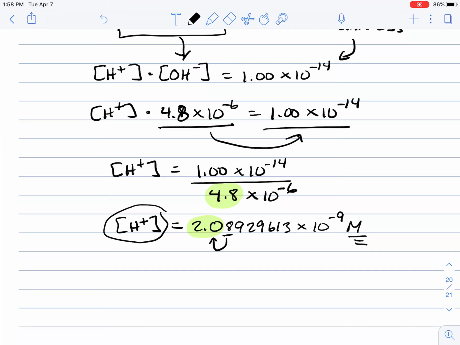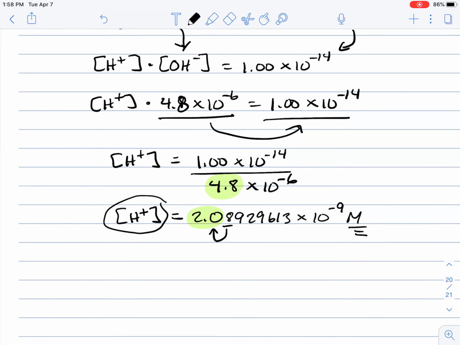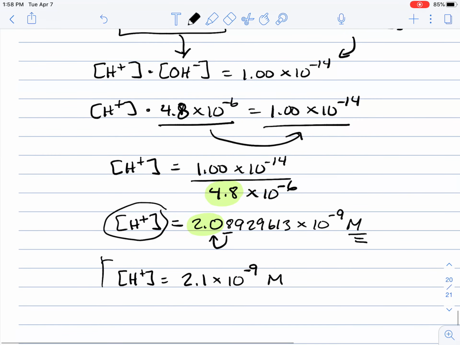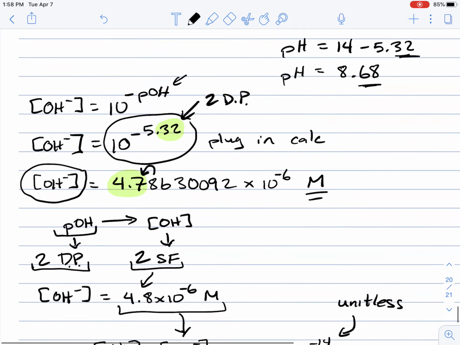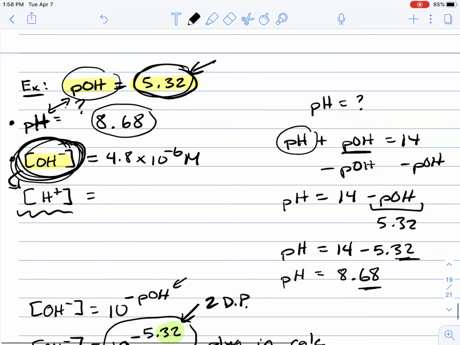And this 8, we're going to round up so that our concentration is going to be 2.1 times 10 to the negative 9 molar. This represents the concentration of hydrogen ion. So I'm going to plug that into my final answer here. That's going to be 2.1 times 10 to the negative 9 molar.